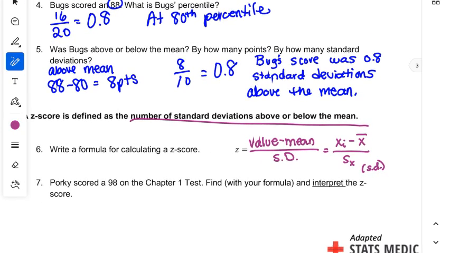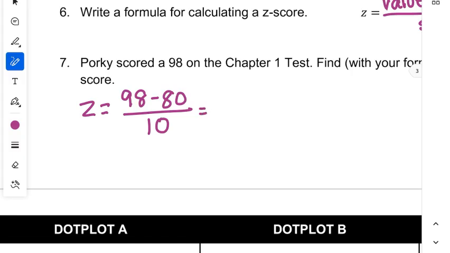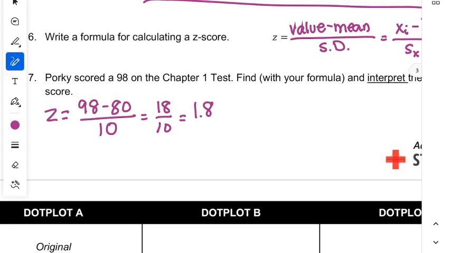Okay, Porky scored a 98 on the Chapter 1 test. Find with your formula and interpret the z-score. The z-score is found by doing the value, which is 98, subtract our mean, 80, and divide by our standard deviation. That would be 18 over 10, which is 1.8. Since it's positive, it's above the mean.